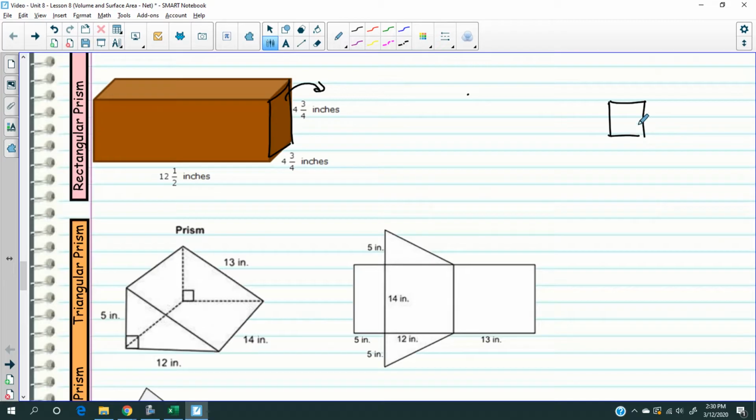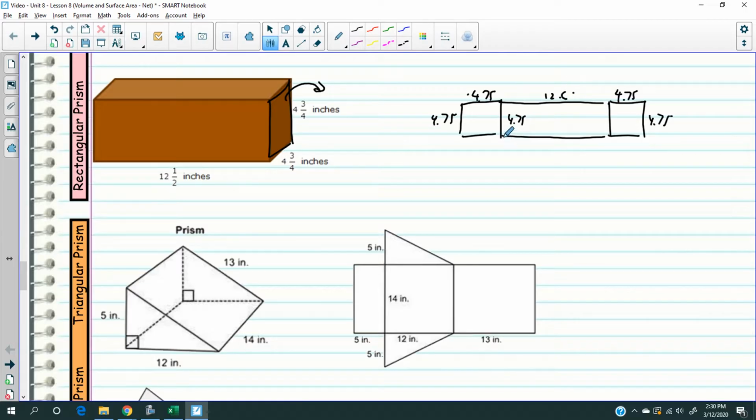So I got one here, that's 4 3/4. I'm gonna do 4.75, okay? It's a 4.75 by 4.75 on the other end. We got 4.75 by 4.75. And now I got my 4 sides here. So this is super duper simple actually. I got 4.75 by 12.5.